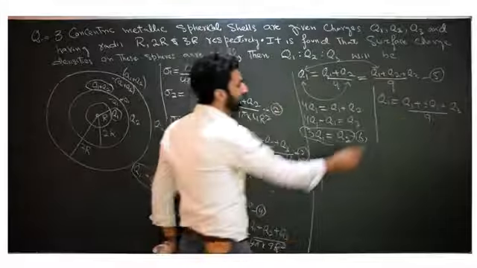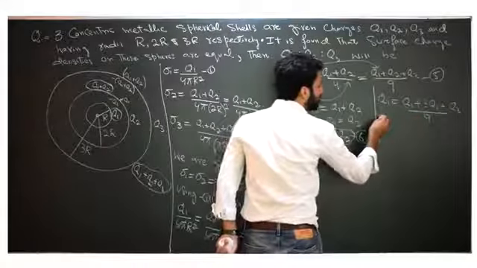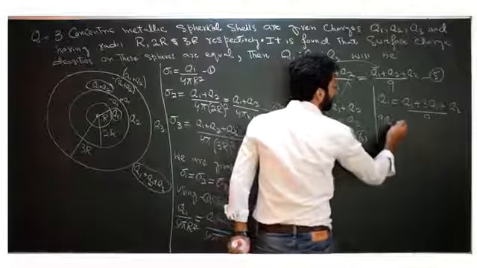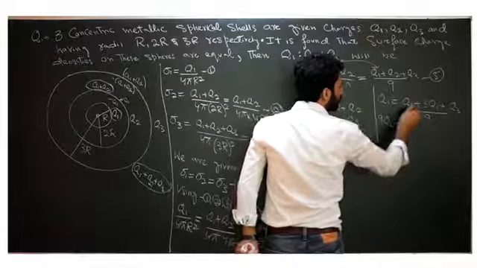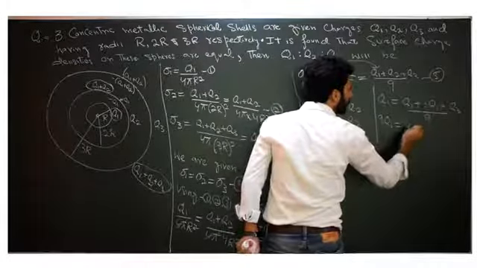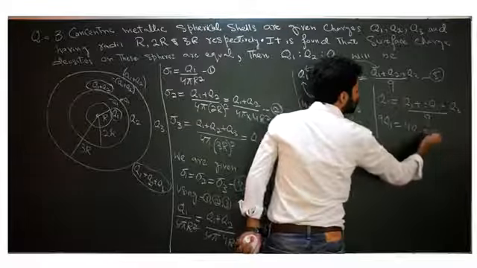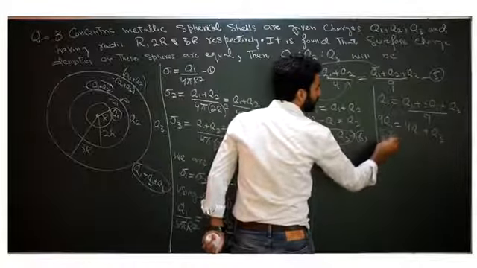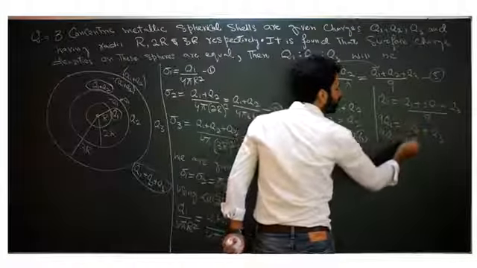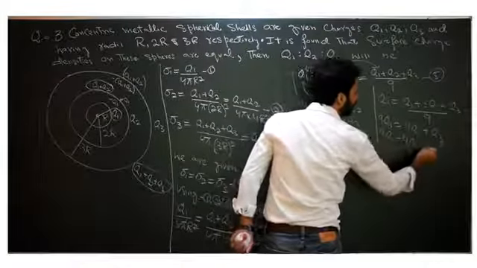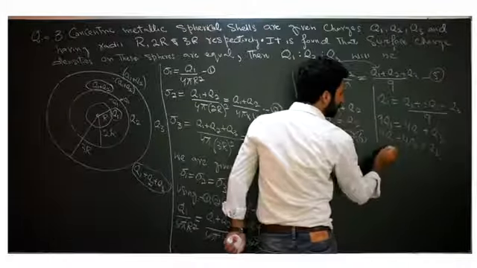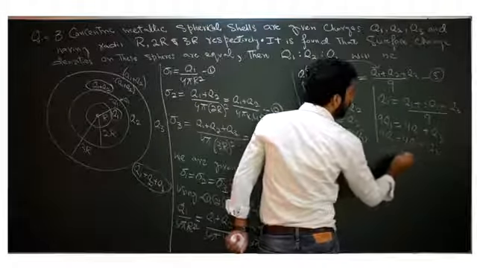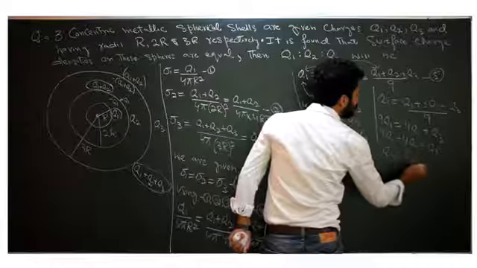Simplifying it, 9 times Q1 is equal to Q1 plus 3Q1, that is 4Q1 plus Q3. Or we have 9Q1 minus 4Q1 is equal to Q3, which means Q3 is equal to 5 times Q1.